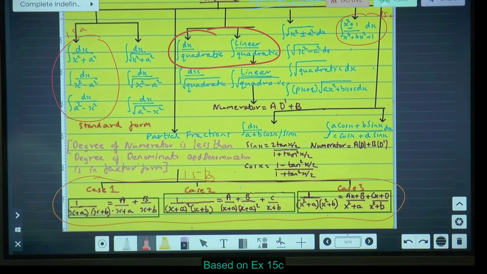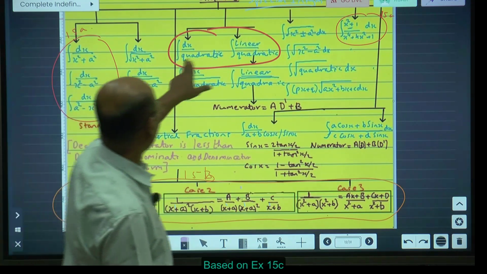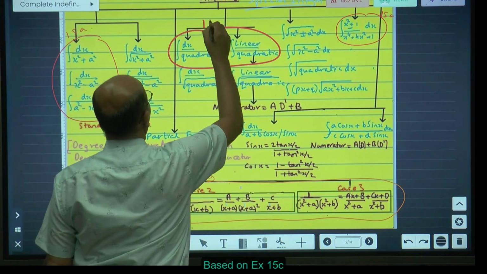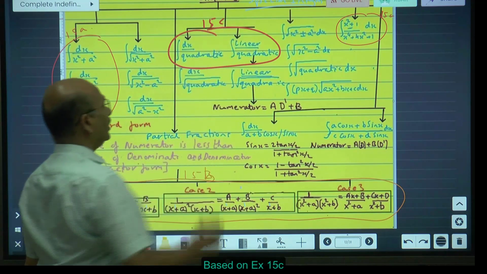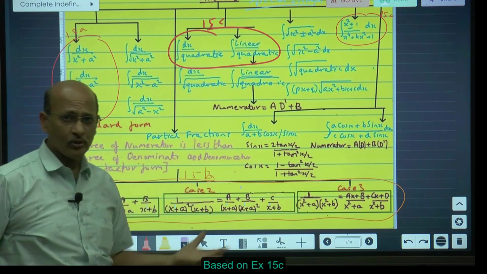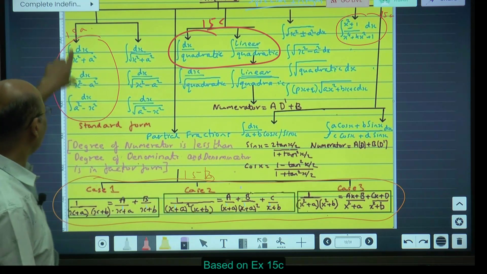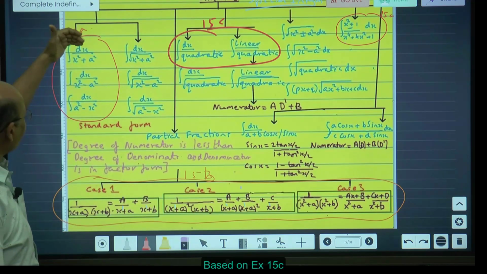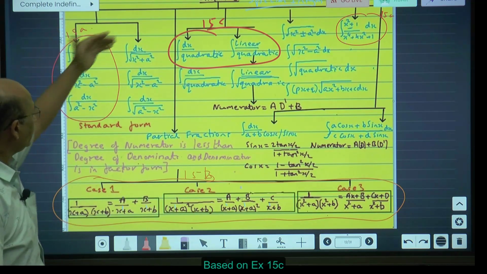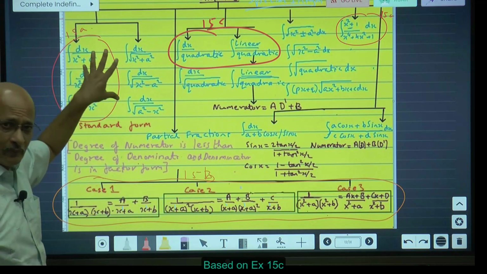Just to confirm, I just want to do it after partial fraction. Just a minute, children. Yes, dx upon quadratic. So these two things is based on 15C. So what we look upon, how we do the sums based on this. Now remember these two points, one is dx upon by term without root, dx upon root by term.